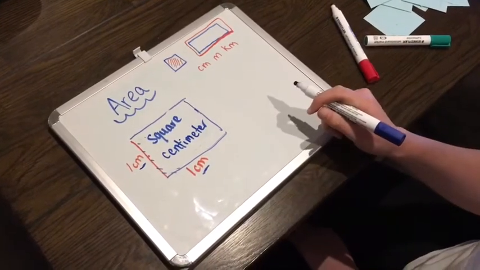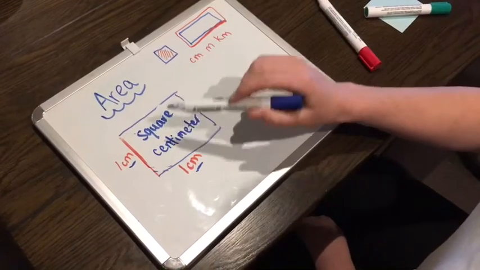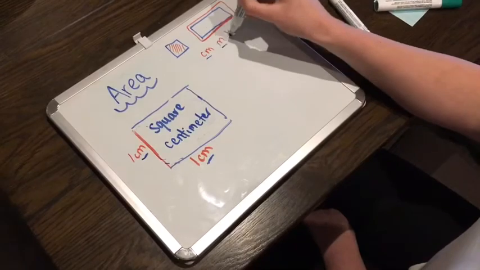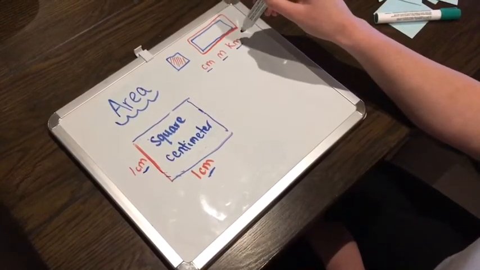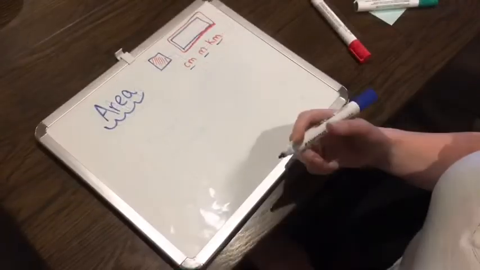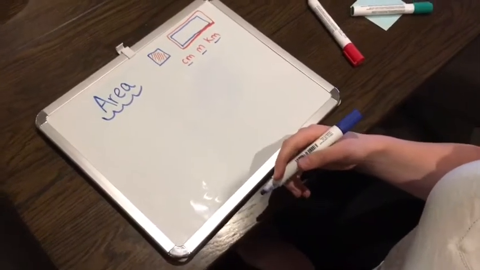Does that make sense? So just like our perimeter that we learnt last lesson, area can also be measured in the same units as perimeter. So we have centimetres, metres, kilometres. Okay? So now you might be wondering, how could I calculate the area of a different square or rectangle?